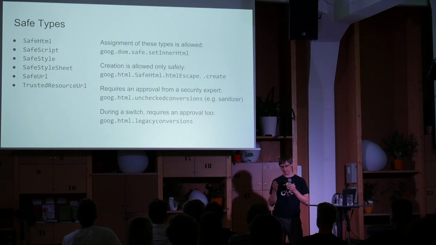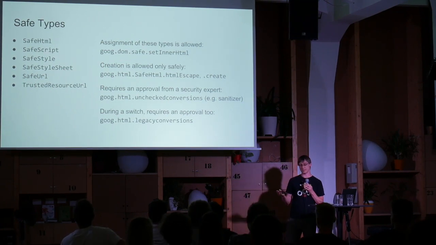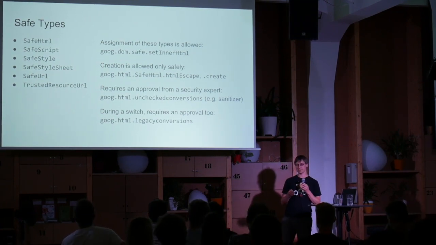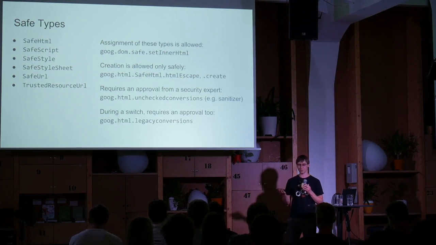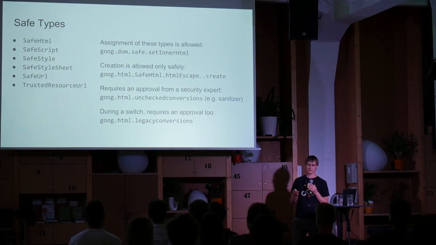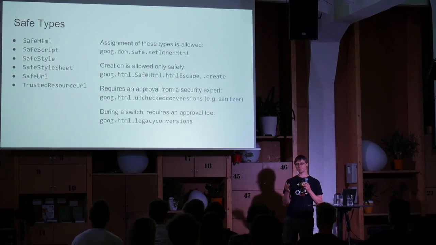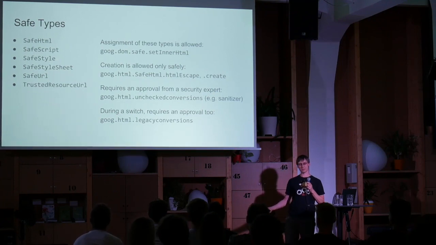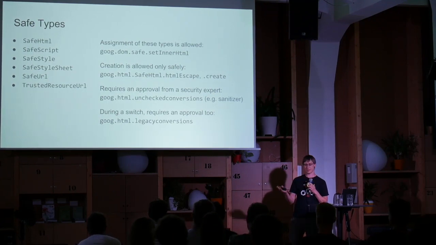And for the values that have some meaning, right, such as HTML or JavaScript or style, we created wrapper types, for example, SafeHtml, SafeScript, and so on, which are basically very simple wrappers around a string. So they contain one value, which is a string.